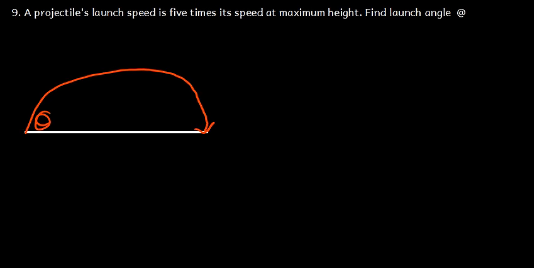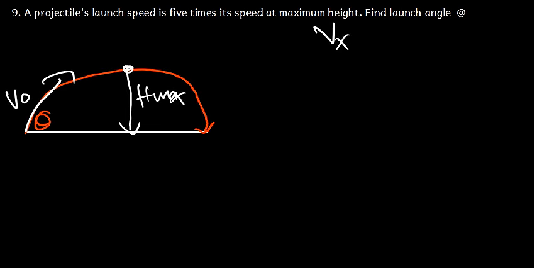The velocity in x direction doesn't change. At the maximum height, h max, you have two velocities: the velocity in x direction, which doesn't change, and the velocity in y direction, which is 0.